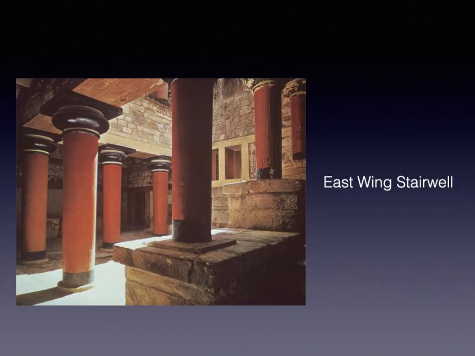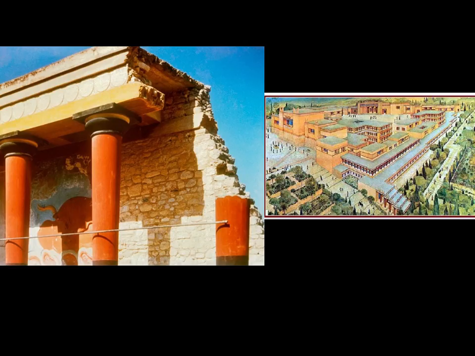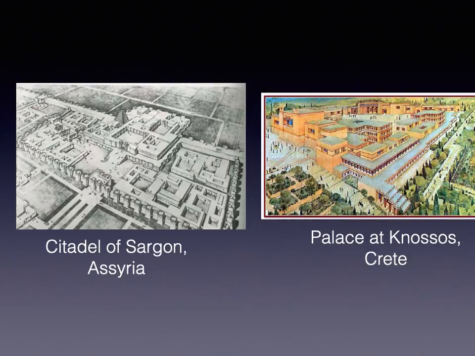Going back to the temple, we see here this really beautiful architectural realization of what is known as the East Wing stairwell. Here's another detail. And here we have the citadel of Sargon as a comparison to the Knossos Palace.